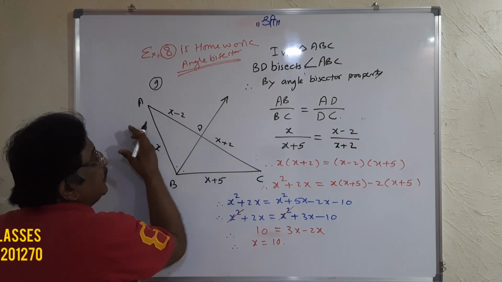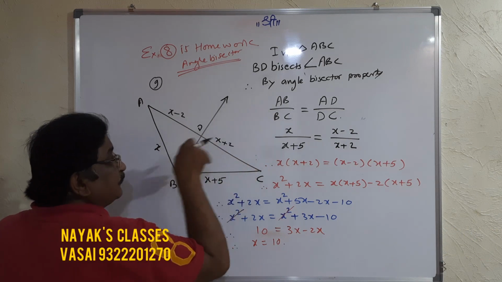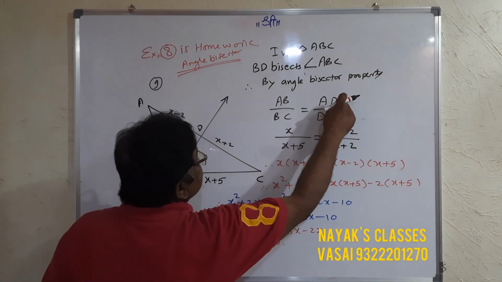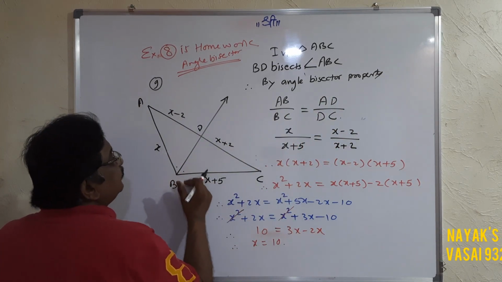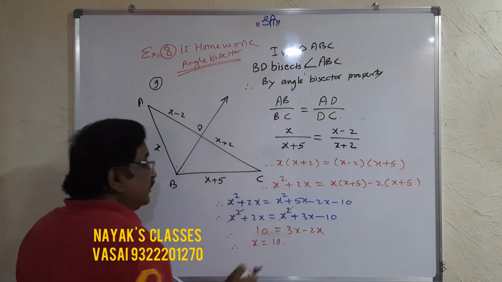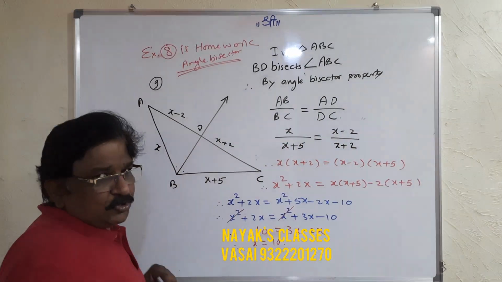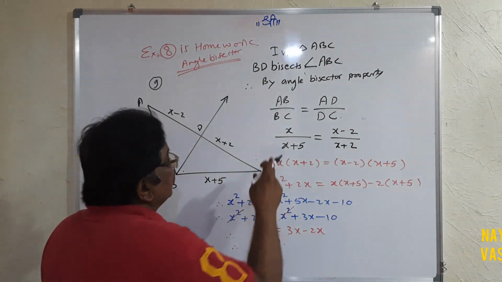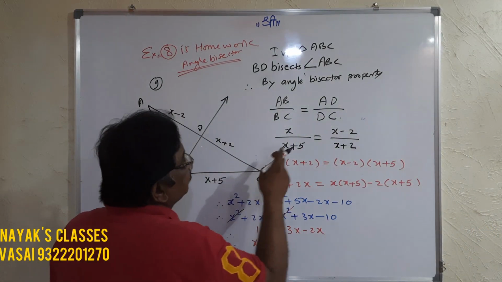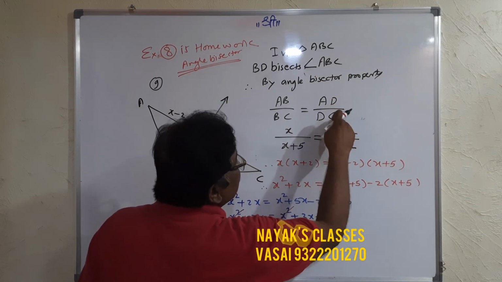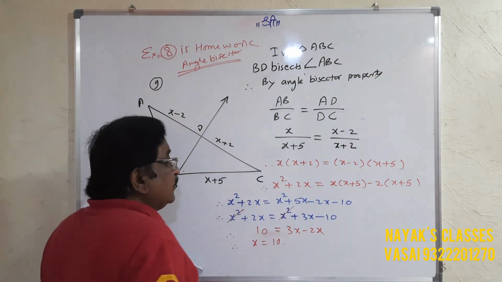When we have taken AB here, the front side of AB is AD here and the front side of BC is DC here. They have given the values, and now we are putting the values. X for AB, BC is X plus 5, AD is X minus 2 and DC is X plus 2.